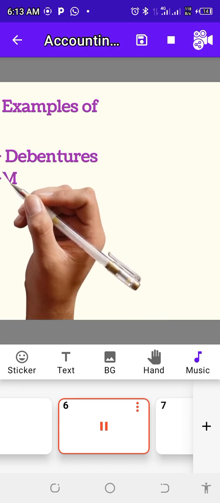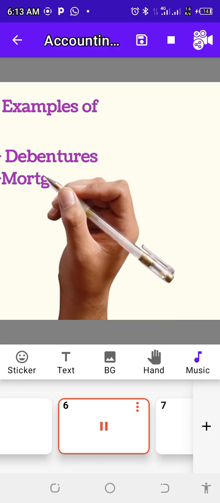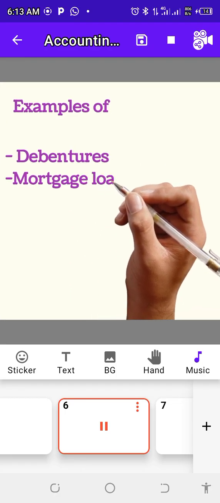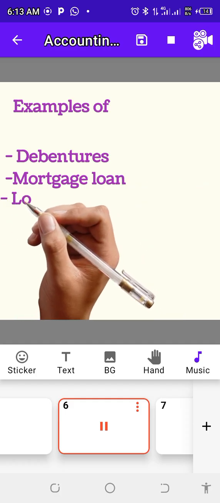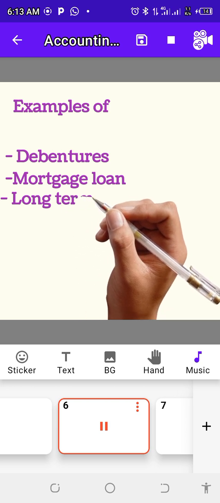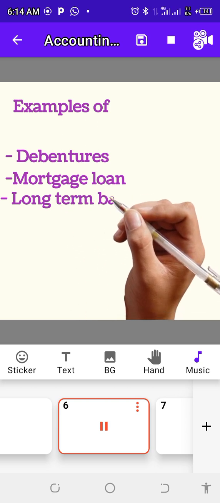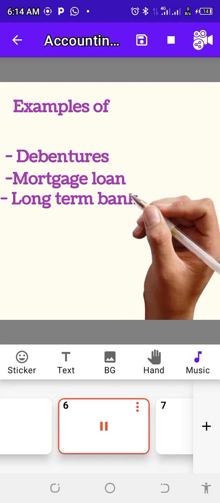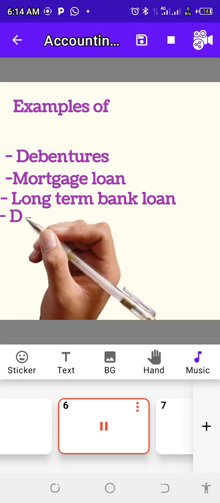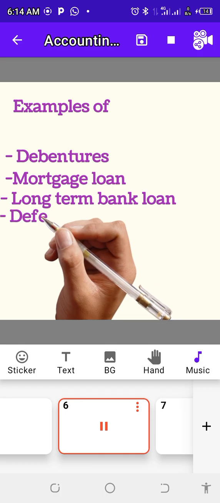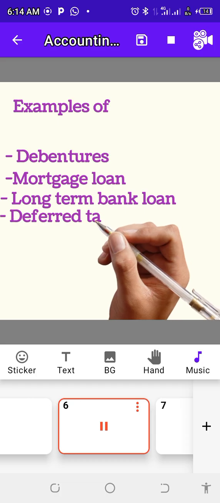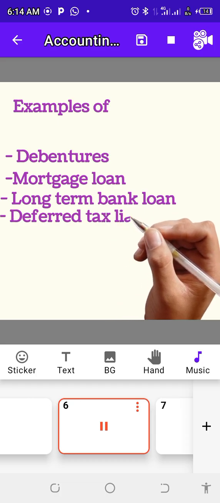The first one there is debenture, mortgage loan, long-term bank loan, and deferred taxation, deferred tax liability.